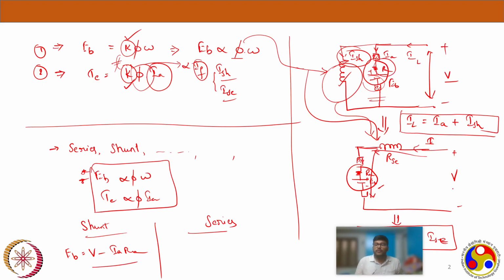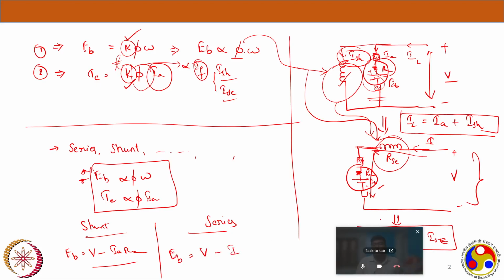But in a series motor, there is an additional field winding in series with the armature. Now if you want to write EB in a series motor, how will you write it? EB equals V minus I times RA, the armature resistance, plus RSC, which is in series with the armature winding.